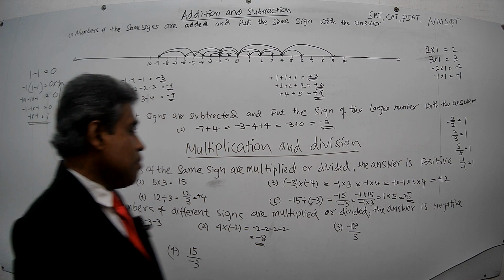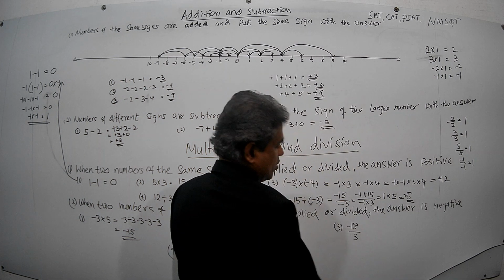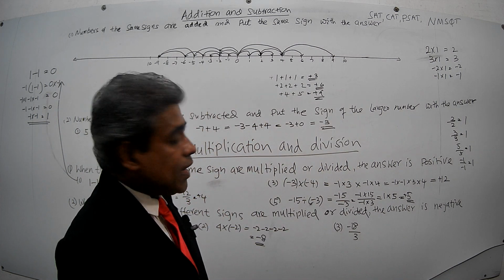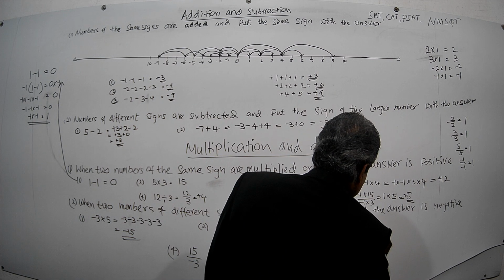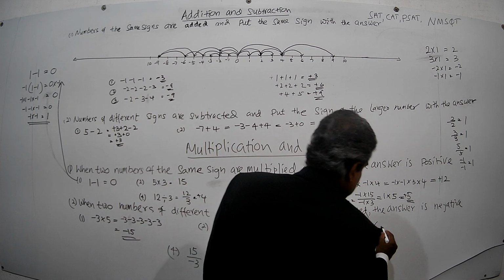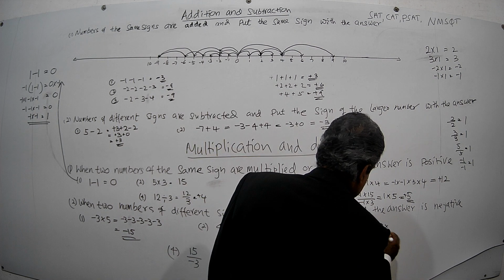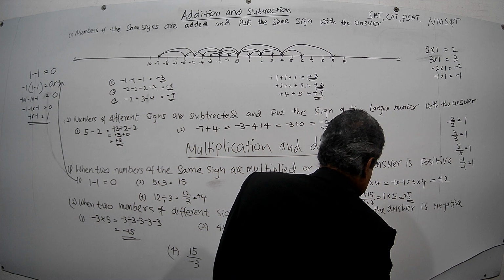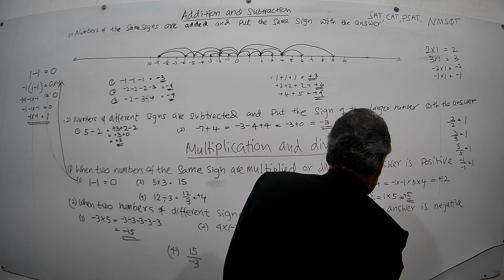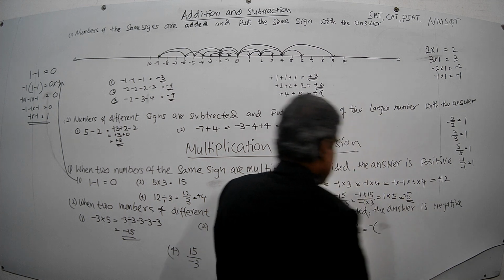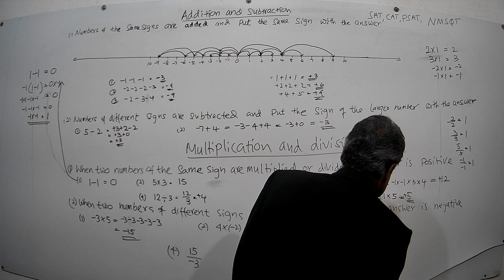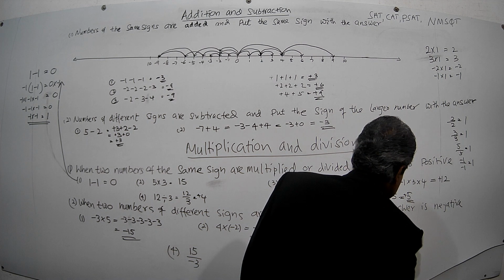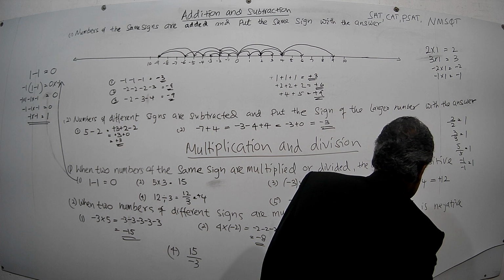Now you go to the third one: minus 18 divided by 3. We can write this 18 as a sum of 3s: 3 plus 3 plus 3 plus 3 plus 3 plus 3.